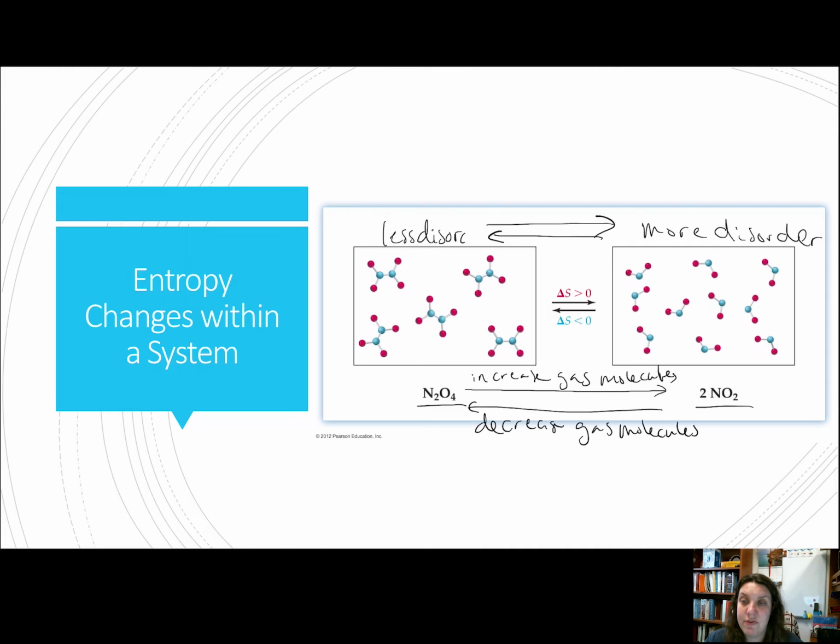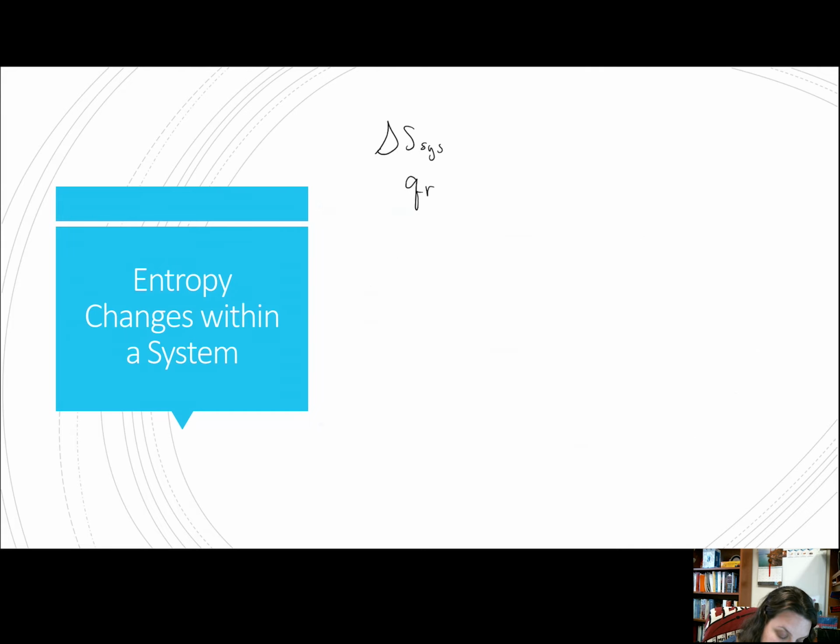So the changes for entropy, we're talking about delta S of our system. For any process involving the reversible transfer of heat, we have the following equation.